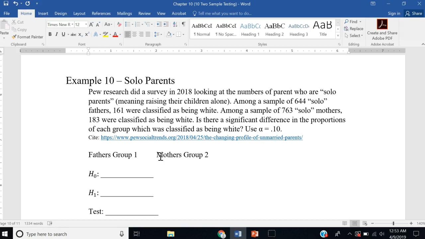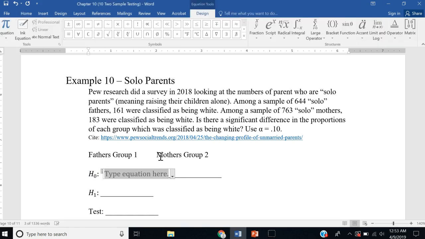Okay, so we're talking about proportions once again. The null hypothesis: the proportion of fathers who are white is equal to the proportion of mothers who are classified as being white.